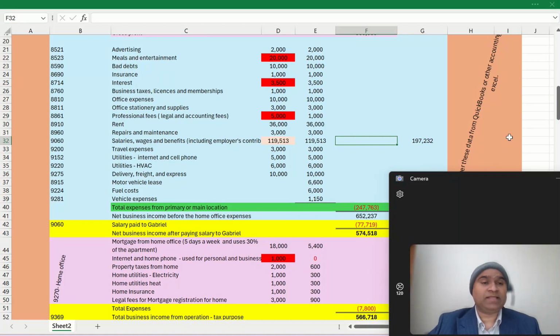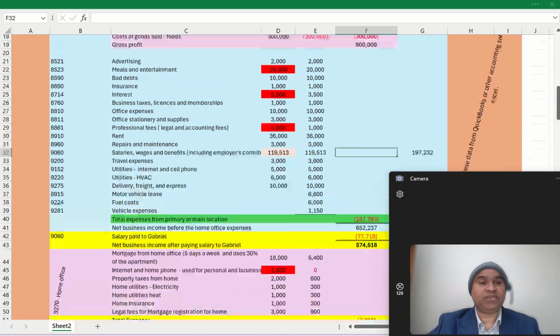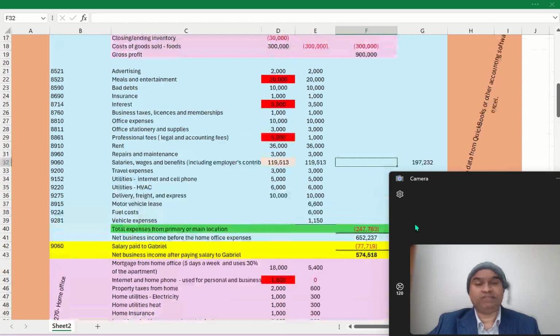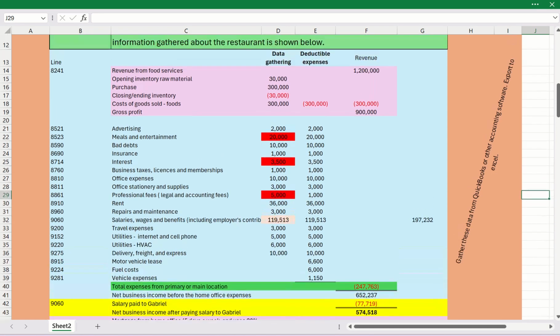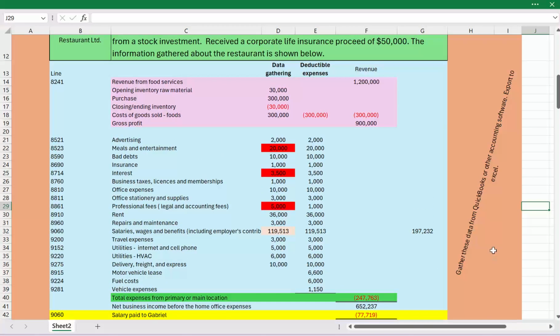And another thing that I wanted to mention in this presentation is that if you have QuickBooks or any other accounting software, you could export this data, gather the data.